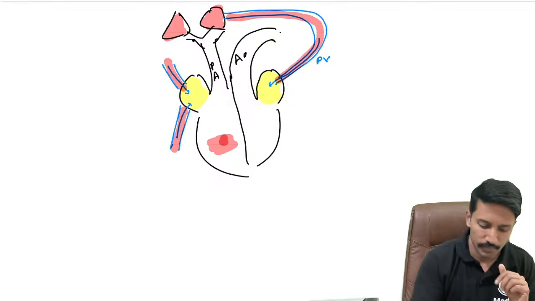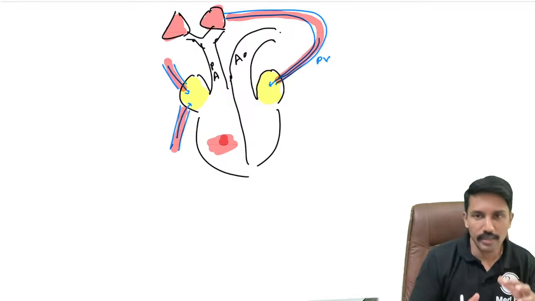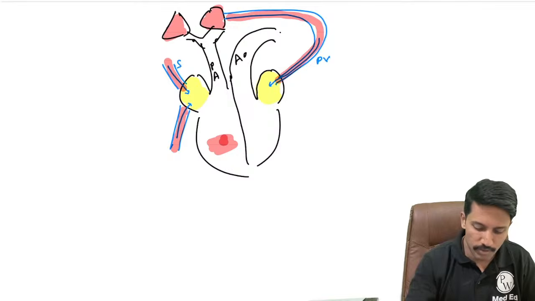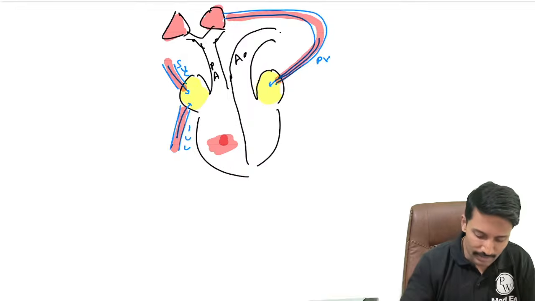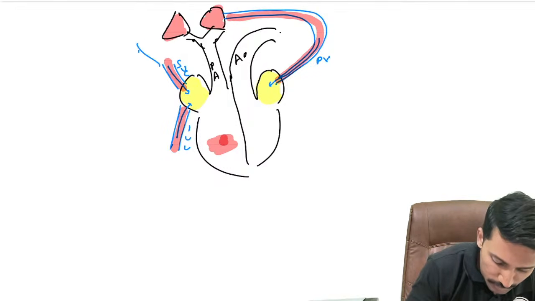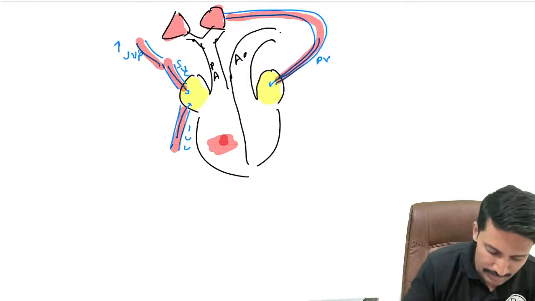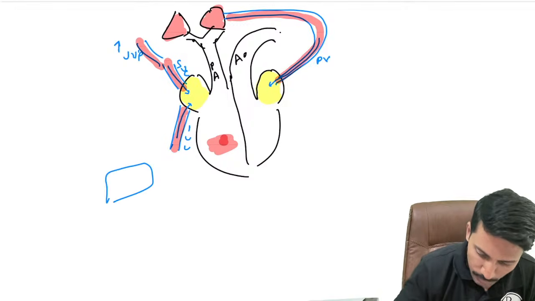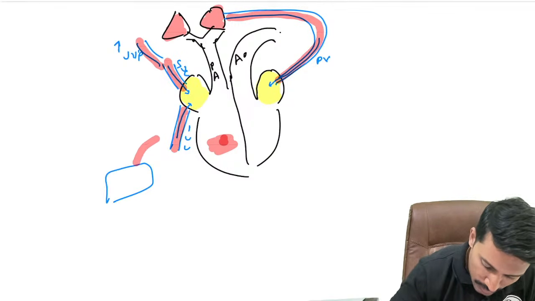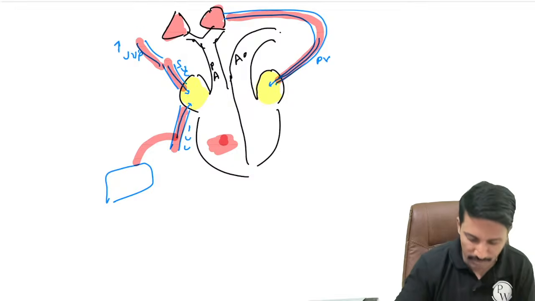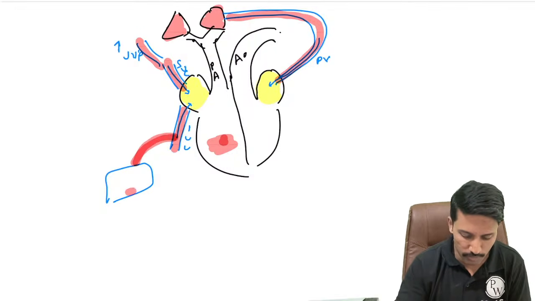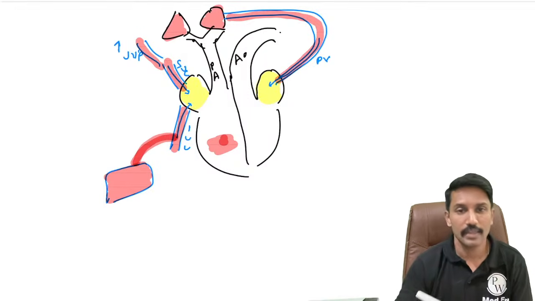Same applies to the right. If the pressure in the right atrium is high, superior and inferior vena cava pressure will become high, and in that case my JVP will start increasing because the pressure in the JVP also starts increasing. And remember, the blood from the liver drains into the inferior vena cava. If the pressure in the inferior vena cava is high, I cannot drain the blood from the liver. Blood will start stagnating in the liver.